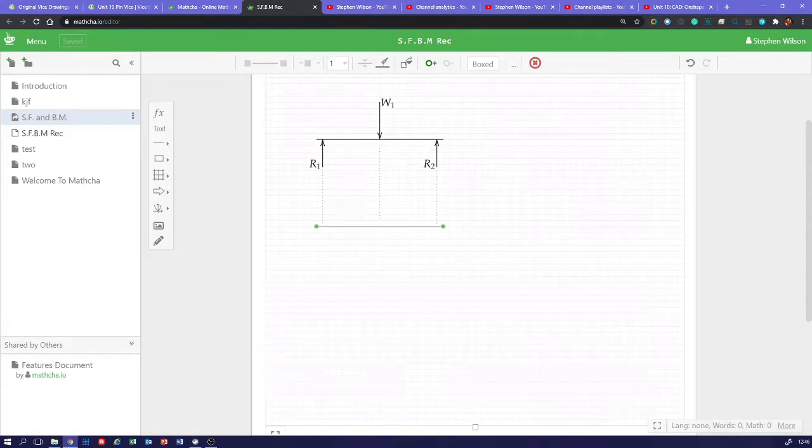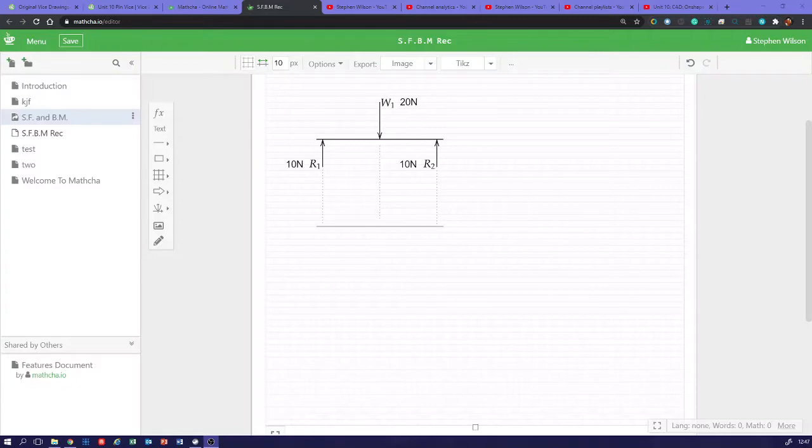When we get to our first force, that's our R1 force here, let's put some numbers on this and then we can unpick it a bit further. Okay, so some numbers have magically appeared. Now, this is a very simple example. We've got our weight in the middle, so each reaction force will take an equal amount of that weight.